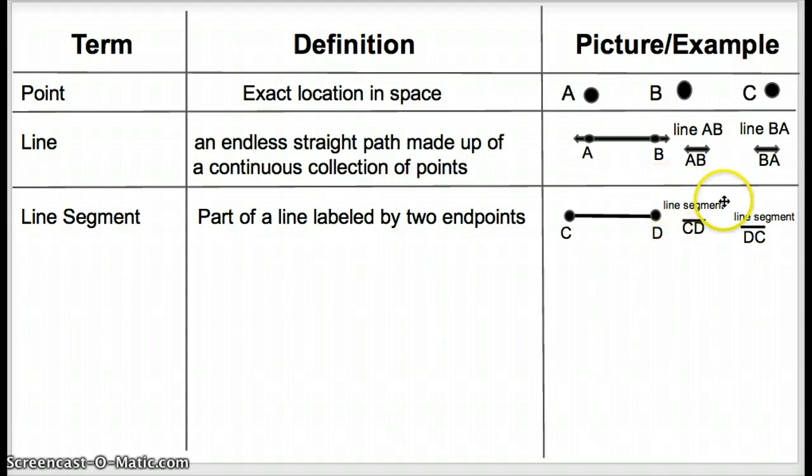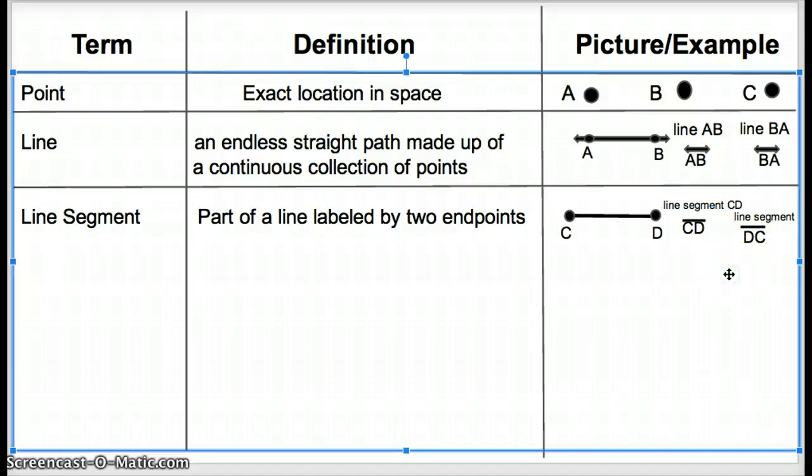It can be written as line segment CD or line segment DC, or you can write it this way with the symbol. This is saying the same thing as the word form up here. Just drawing a line above it with no arrows at the ends. So line segment CD. Again, this would be line segment DC.